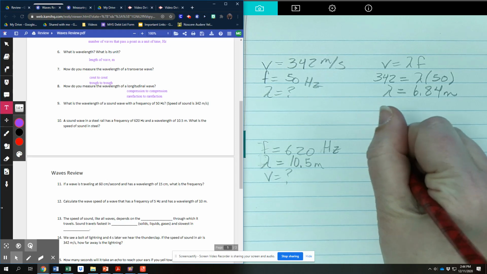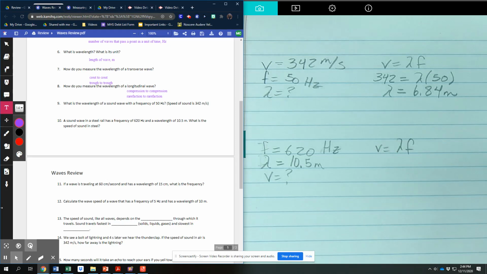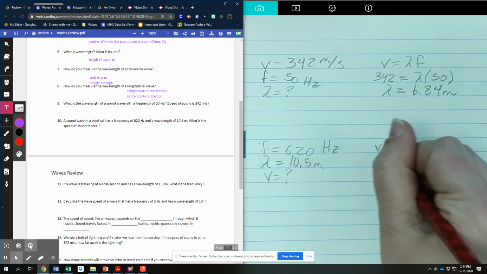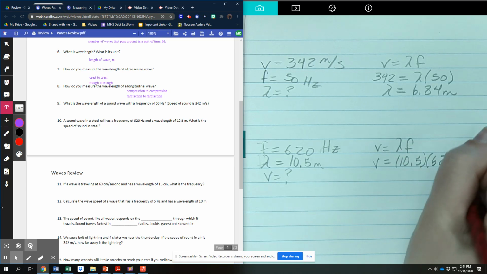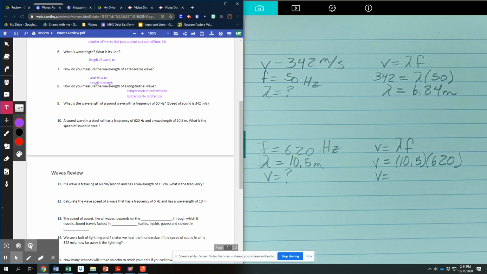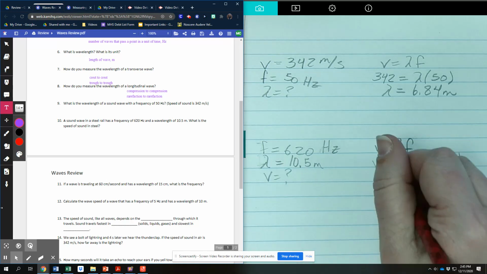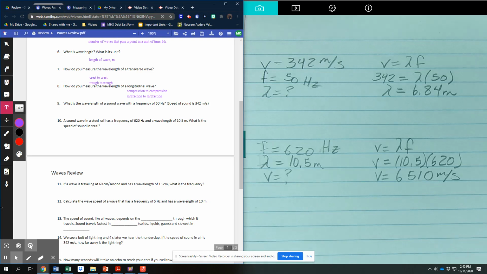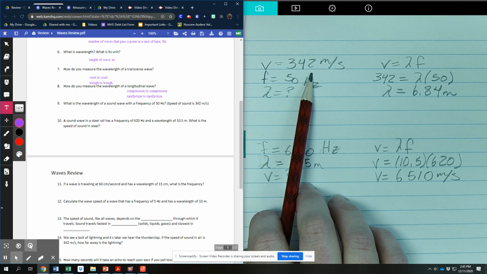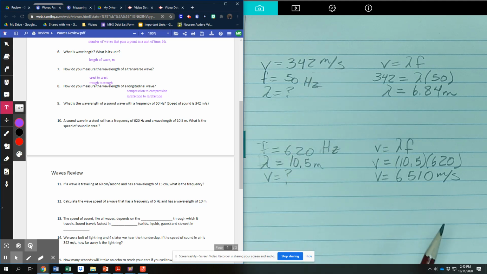Again, speed is wavelength times frequency. So sound traveling through air travels at 342 meters per second, but traveling through steel travels at 6,510 meters per second.